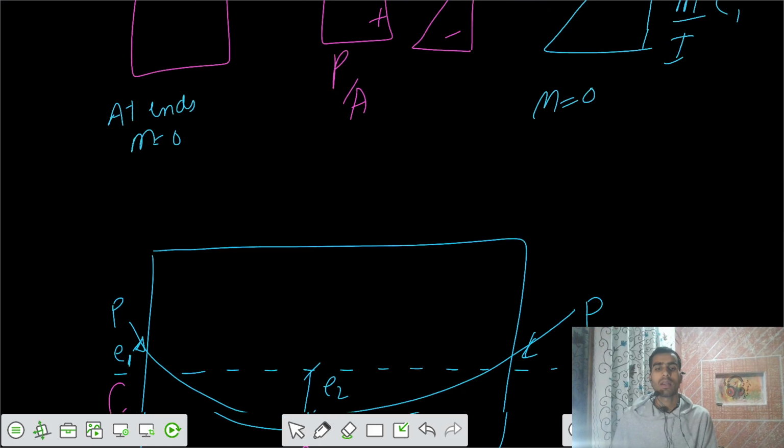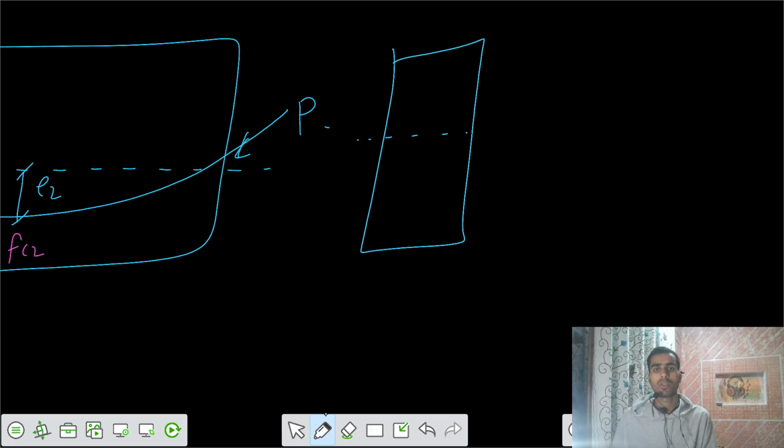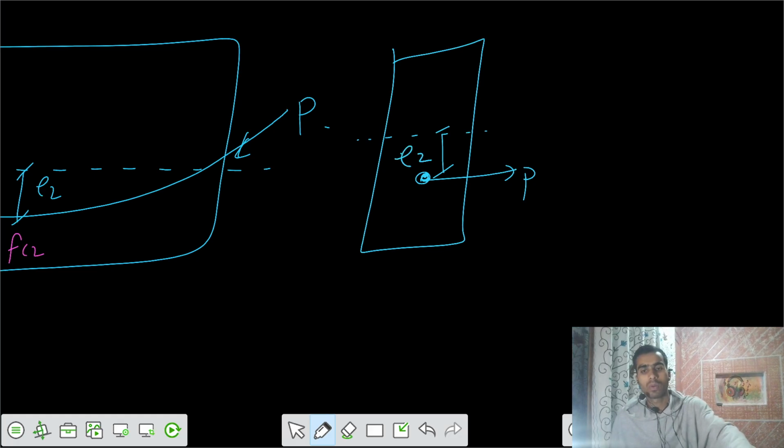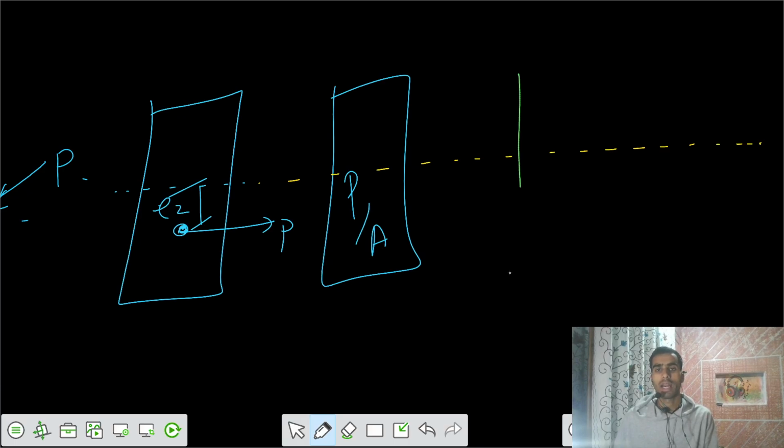And similarly for the midspan section, let's take the midspan section. This is your neutral axis. Your point P is somewhere here, at eccentricity E2. So the stresses would be P by A. At this location we have to calculate stresses at the level of those steel wires, at the level of steel bars, at the level of tendons.